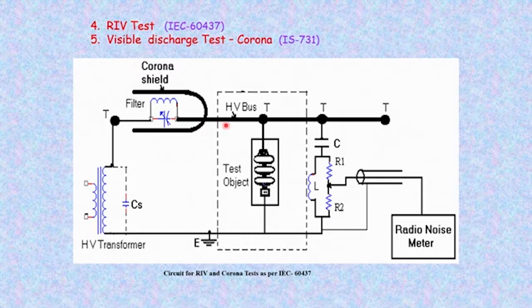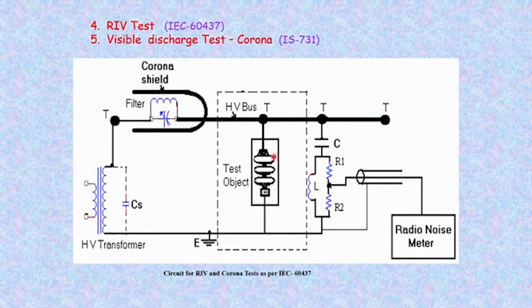You have a high voltage bus, shown with a T as the termination. The high voltage connection should be sufficient so that discharges do not come from this conductor and are not communicated to the radio noise meter.